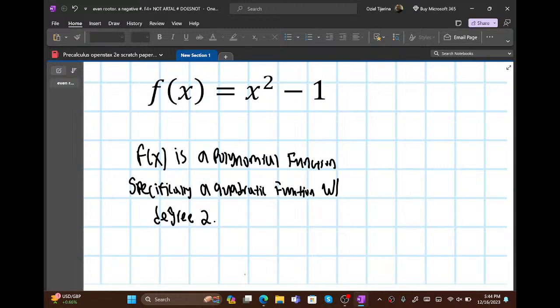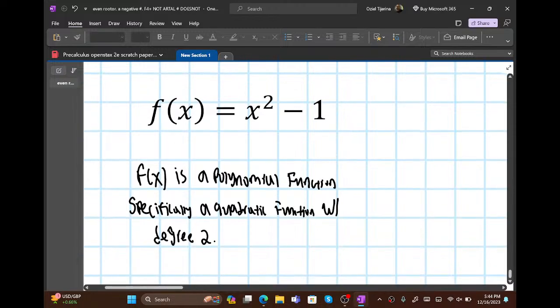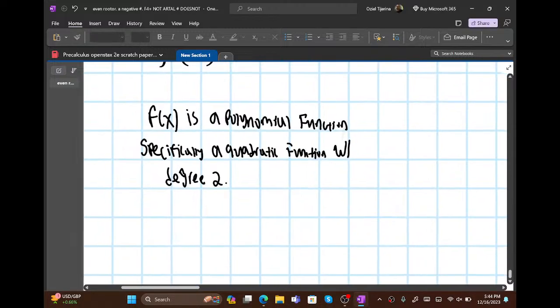Okay. And here we want to say the following. So we know that, like I said, it's a polynomial function of degree 2. Remember that for any polynomial function, the domain is always all real numbers.